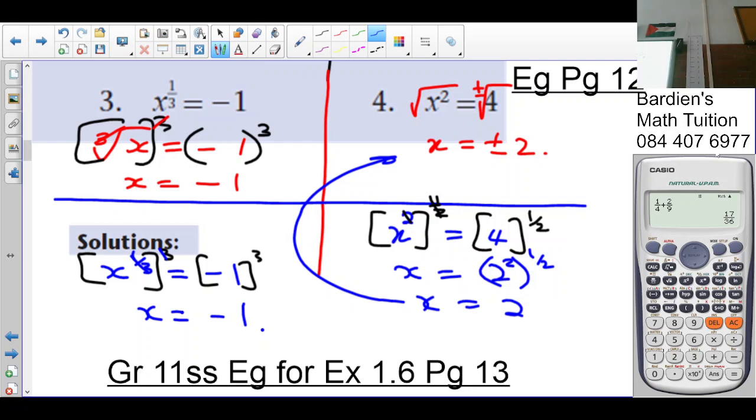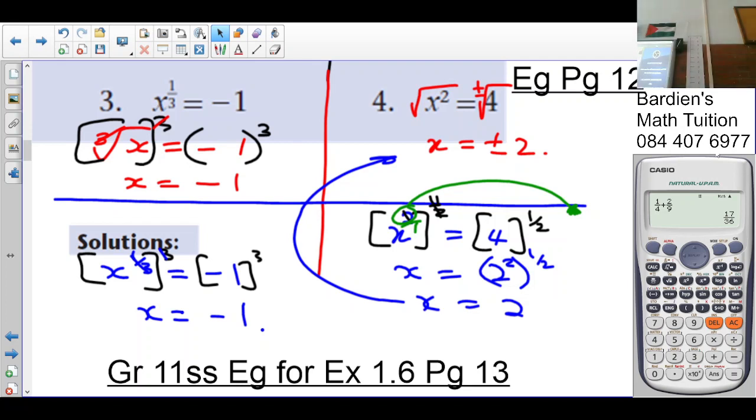So now another note you will have to make. The second note is, if the numerator is even, add plus minus to the right hand side.